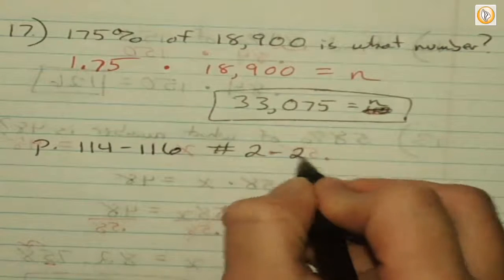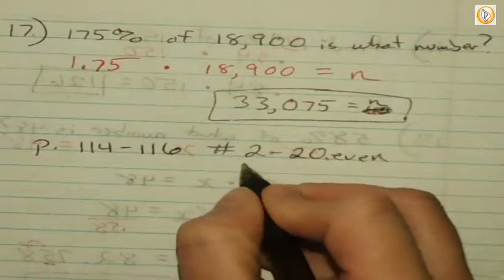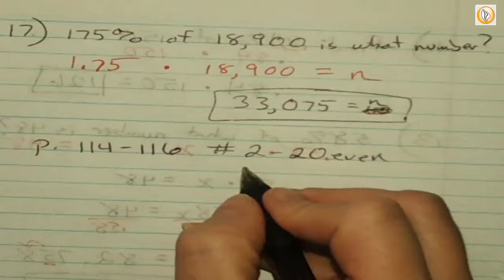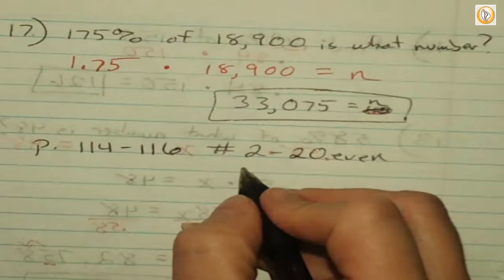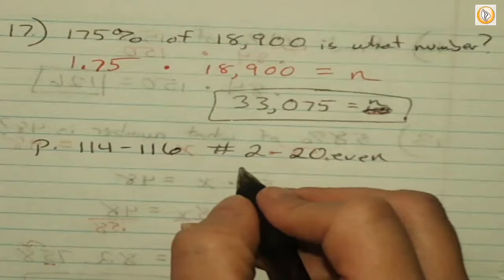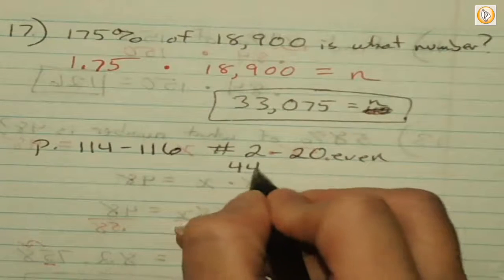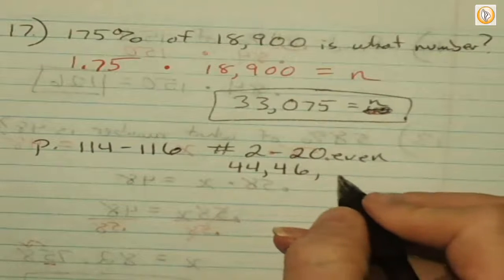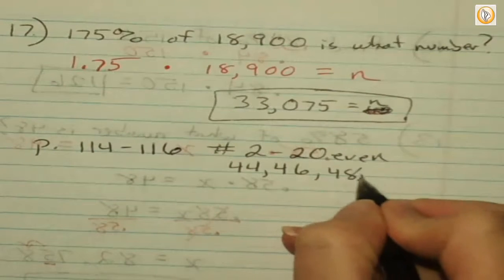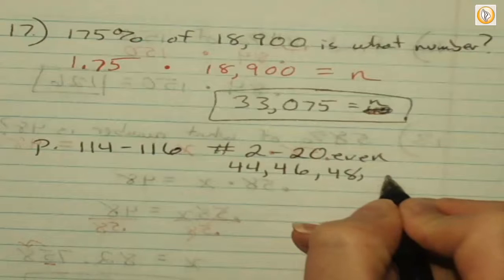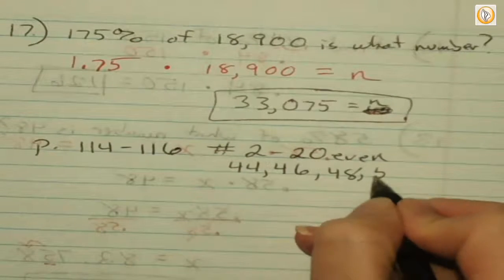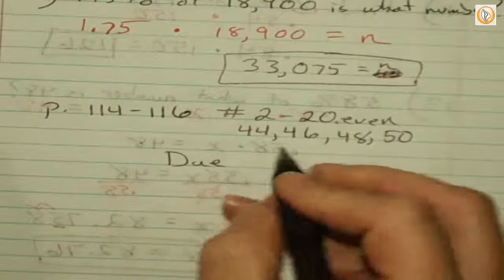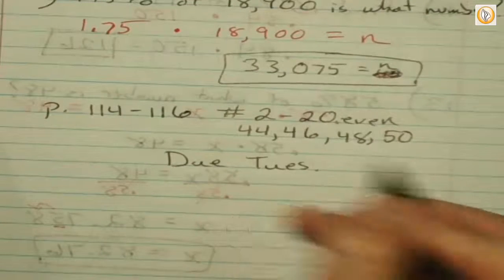Do 2 through 20 even, 44, 46, 48, and 50. It's Friday, it's due Tuesday. This is due Tuesday of next week.